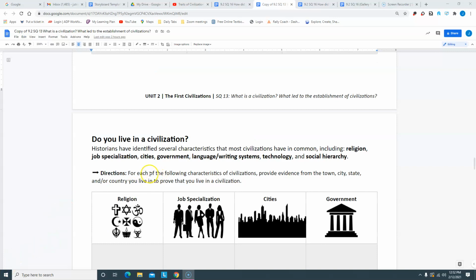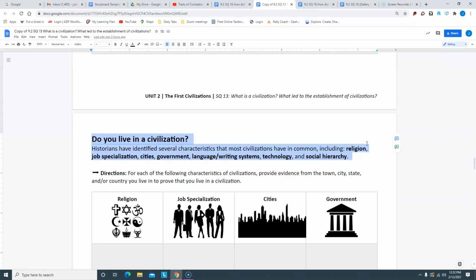One thing I want to leave you with before the end of this lesson is this bit of information right here. Historians have identified several characteristics that most civilizations have in common, including religion, job specialization, cities, government, language and writing systems, technology, and social hierarchy.